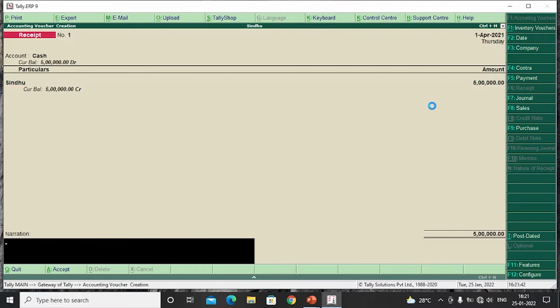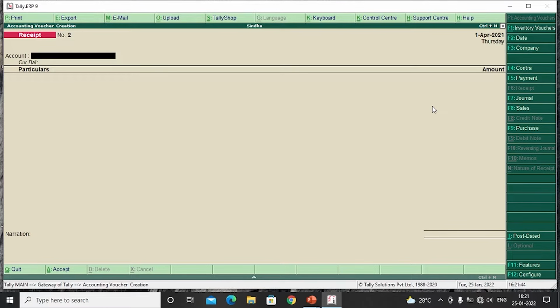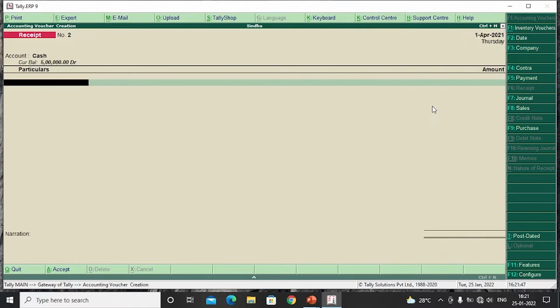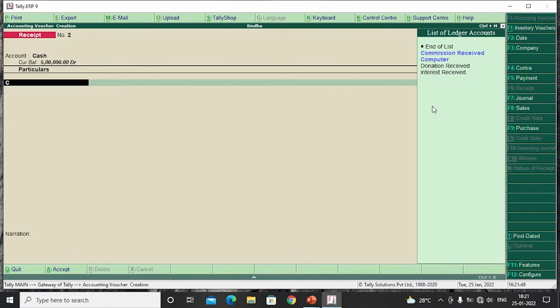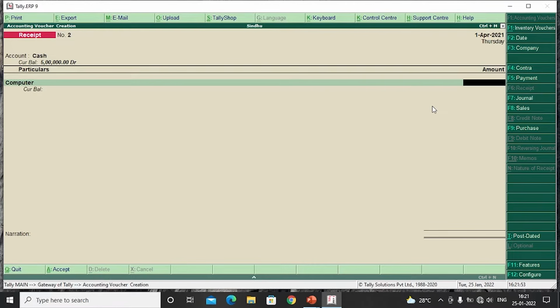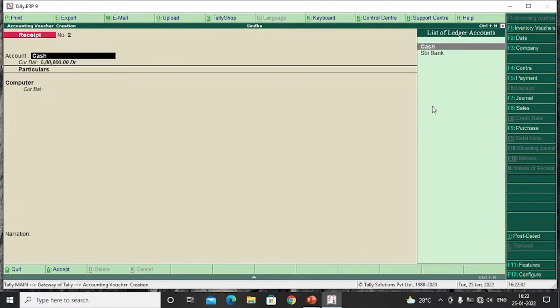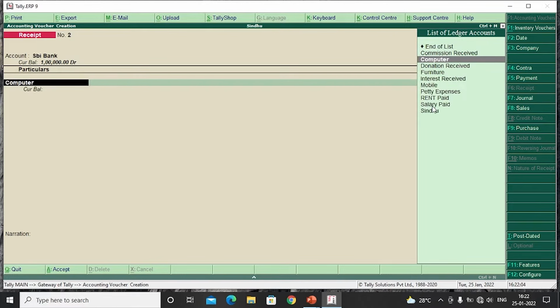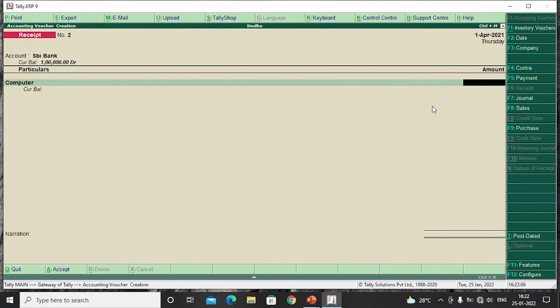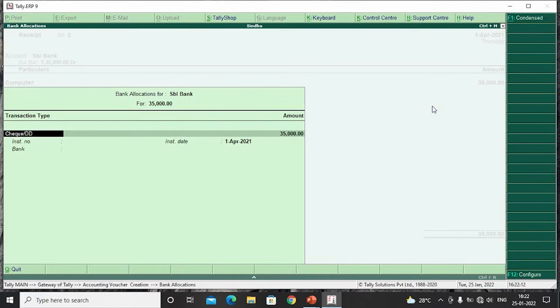Press Ctrl plus A. Next, computer. Here they are saying that computer is purchased through bank. So select bank, SBI Bank, computer, and the amount is 35,000. Press enter, enter, enter.